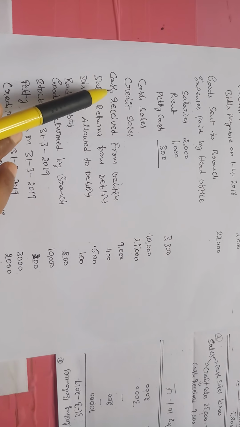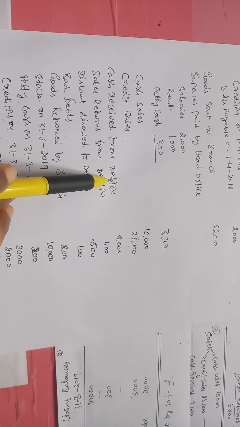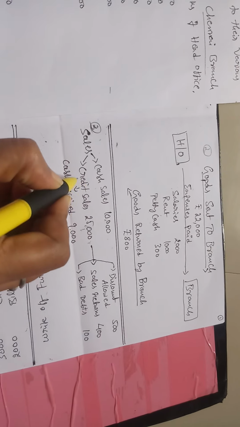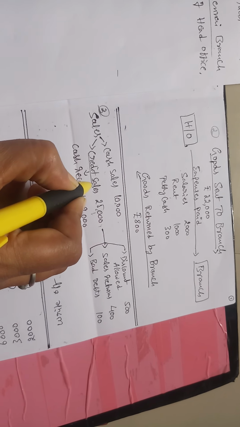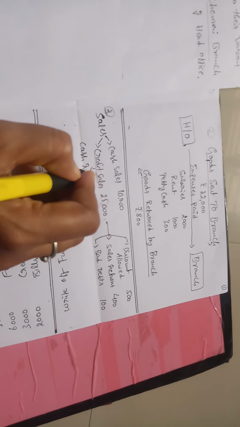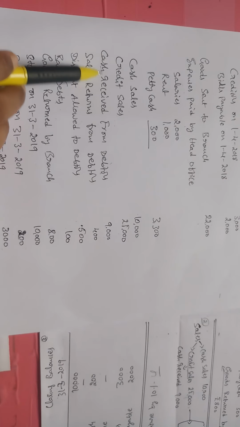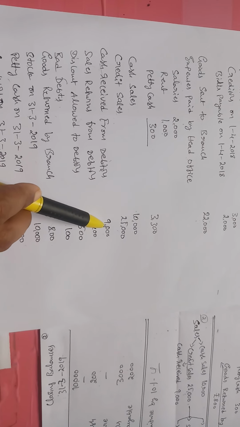Next, what is given is cash received from debtors. Debtors are created when credit sales occur; that is when the debtor is created. He received cash from debtors, that is 9,000 rupees.